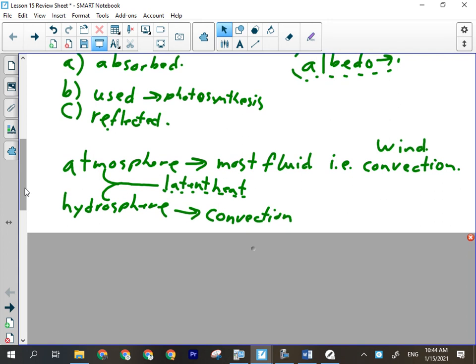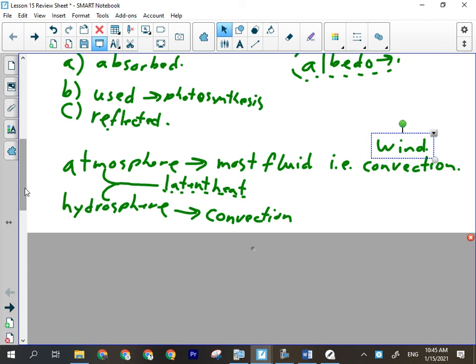Now, once this stuff has happened, then the energy can get transferred on a global scale. The atmosphere plays the biggest role in that because it's the most fluid. That's where convection or wind can occur. The atmosphere is also responsible for latent heat. Okay? It's actually an interaction between the atmosphere and the hydrosphere, which is all the water, right?